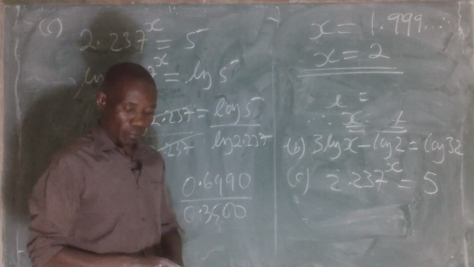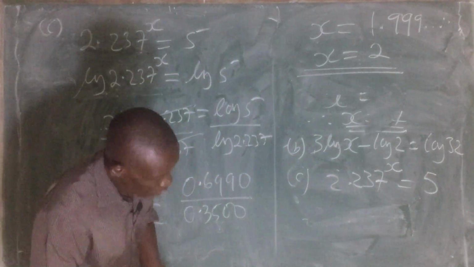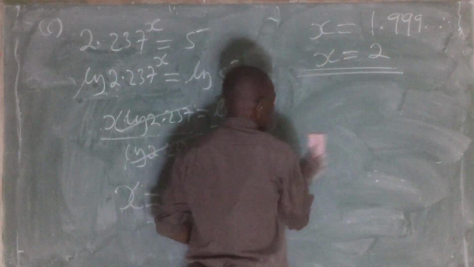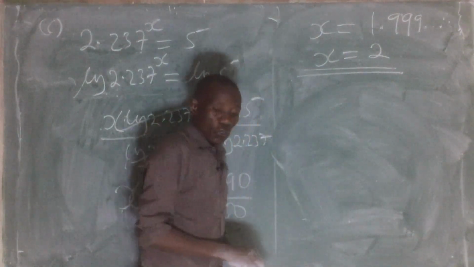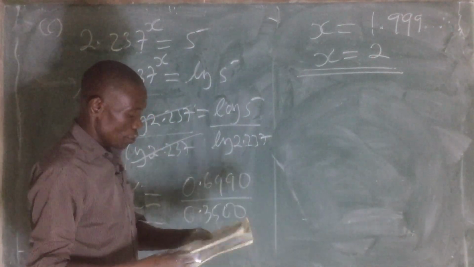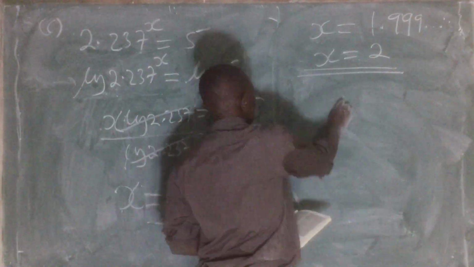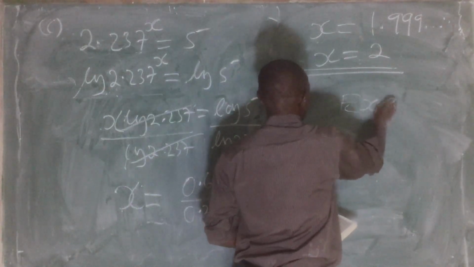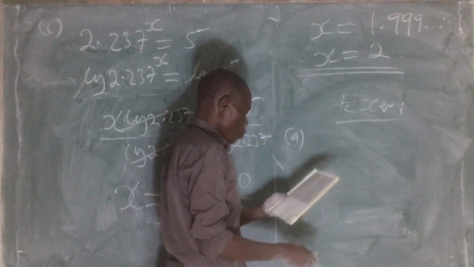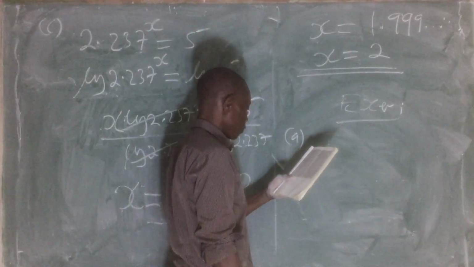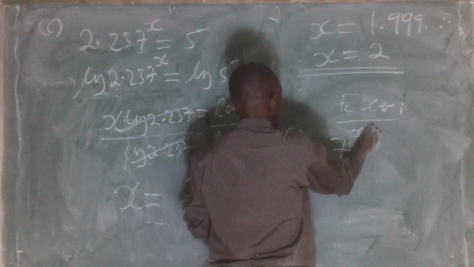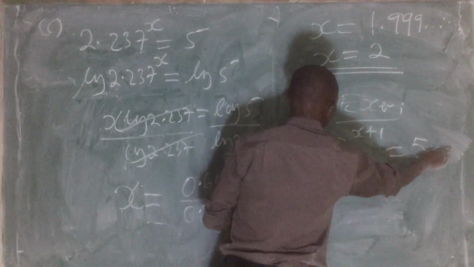Thank you very much. But maybe just one problem that you can use to wrap up the entire topic, because you cannot just close the topic like that. Have this one. Right, solve the following equations. One, 7 to the power x plus 1 is 50.